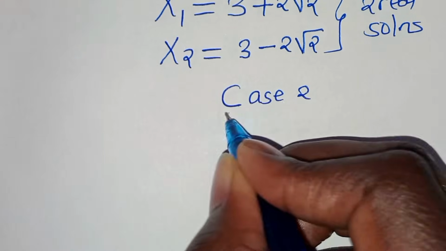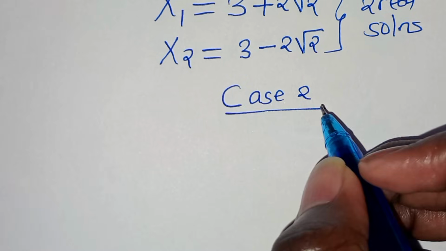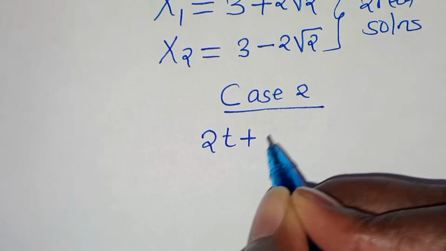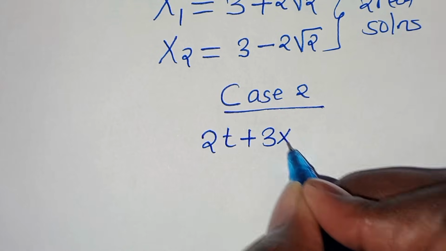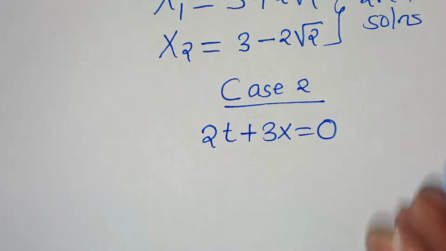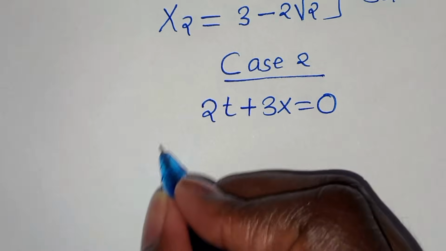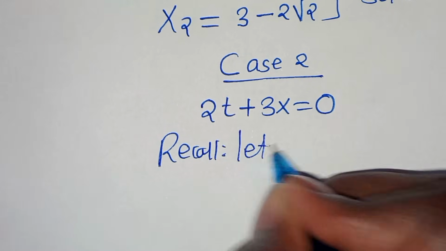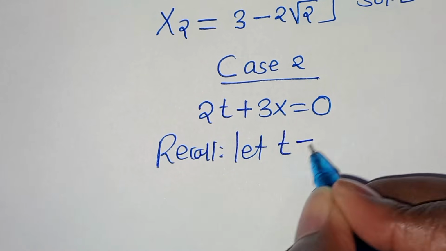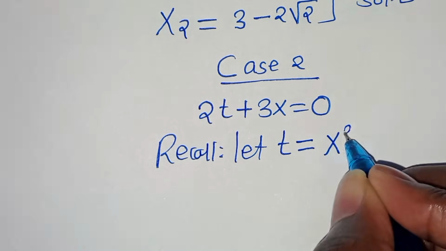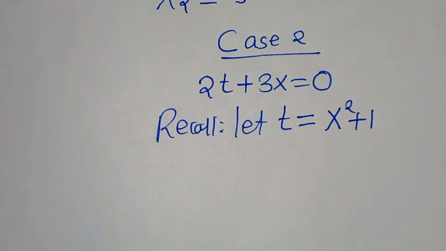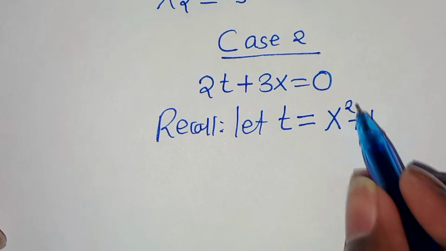In case 2, here we have 2t plus 3x equal to 0. And if you recall, we let t be equal to x to the power of 2 plus 1. Now, let's substitute t with x squared plus 1.